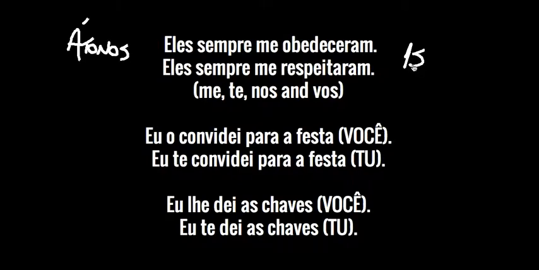Then we should start here just talking about the direct and indirect verbs and objects. Here we have what we would call a verbo transitivo indireto, an indirect verb, because in the case of the verb obey, which is obedecer, we need the preposition a.